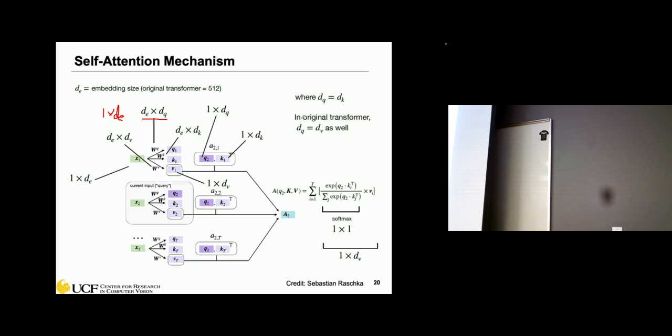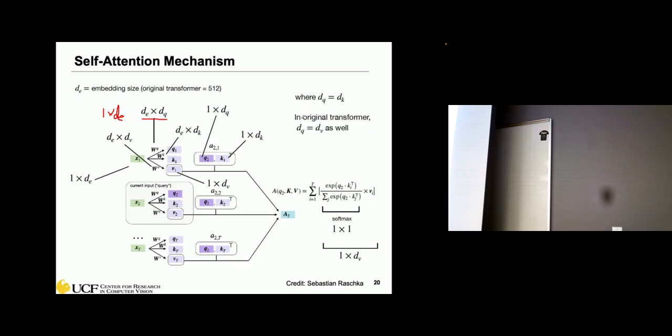A21 gets multiplied with V1. Yes, V1 is a vector. You multiply a scalar with a vector and you still get a vector. So you have a vector, alpha 2,1 multiplied with V1, then A22 multiplied with V2, another vector.